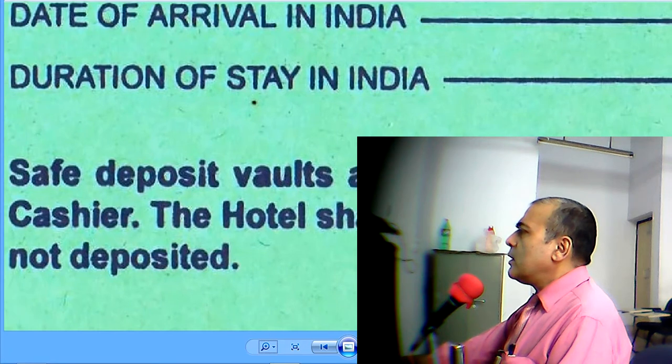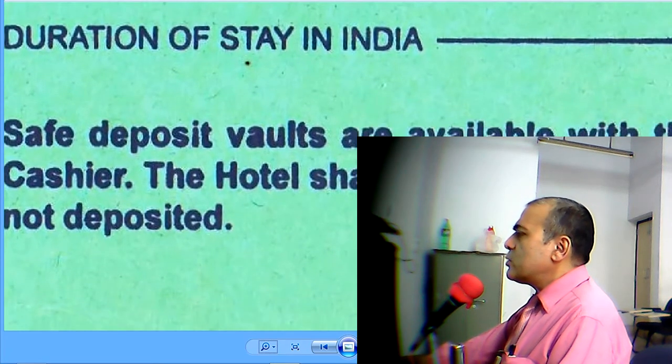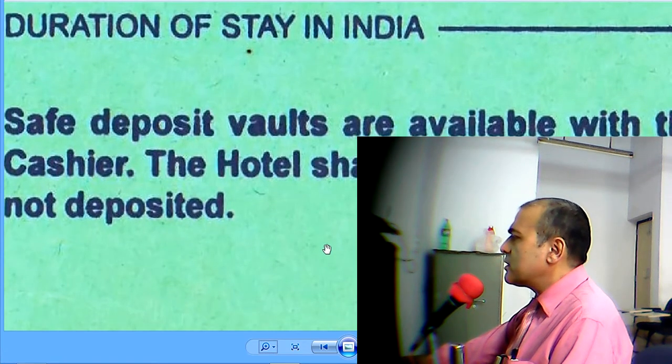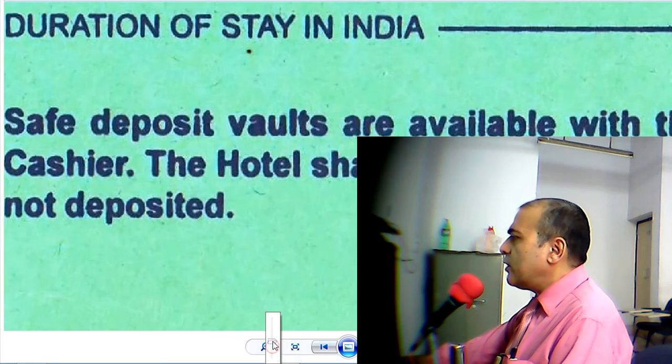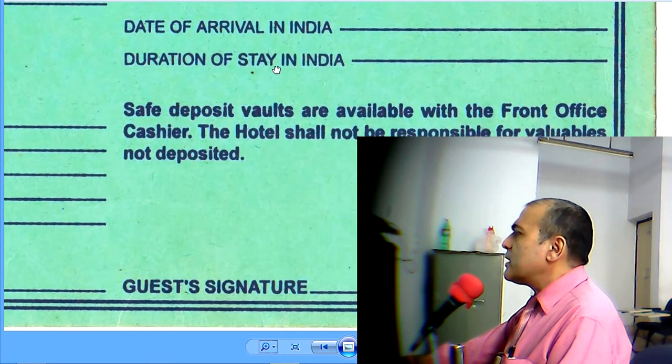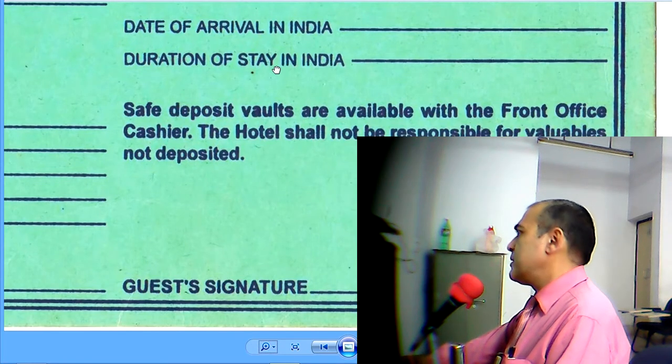And now a notice to the guest that we have safe deposit vaults available in the hotel and you must keep your valuables in safe deposit lockers. If there is any theft of any valuables from the guest room, then the hotel says we are not responsible for it.